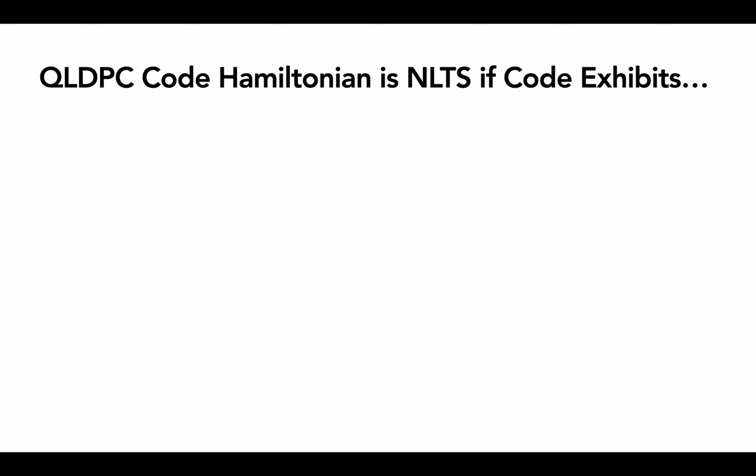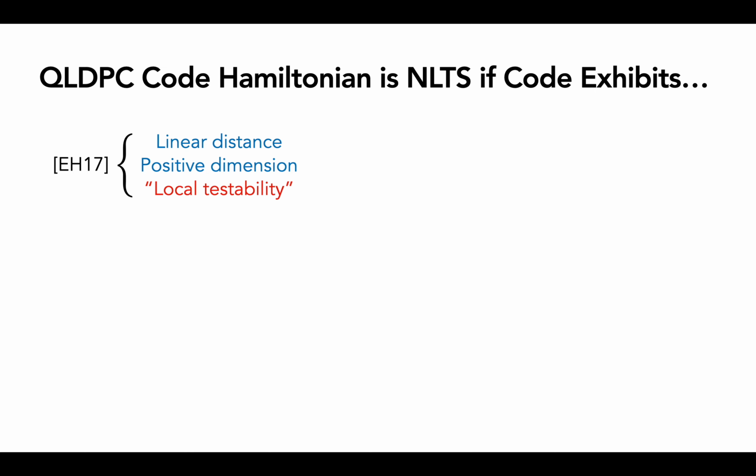So now we can start getting to some actual NLTS statements. Elder-Harrow in 2017 showed that a quantum LDPC code Hamiltonian is NLTS if the code exhibits linear distance, any positive dimension, and a very strong property called local testability. But unfortunately, this local testability property is quite strong, and we still don't know how to obtain linear distance codes with this property.